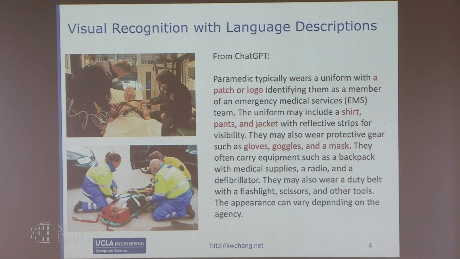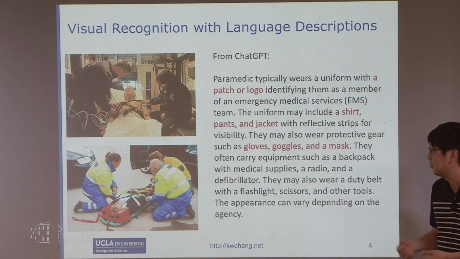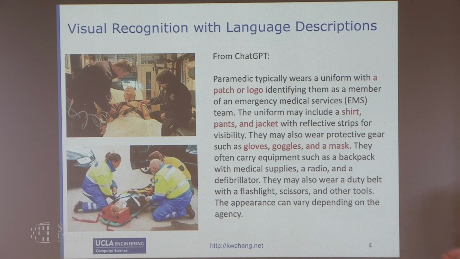If you ask ChatGPT, you know what a paramedic looks like, right? You may have some patch or logo on their shoulder. They may wear some reflective stripes so people can see them. They may bring some medical kits. So you would describe a bunch of features, relevant context and things, patient, other things, accident. Then you will use all this information to recognize that particular image.